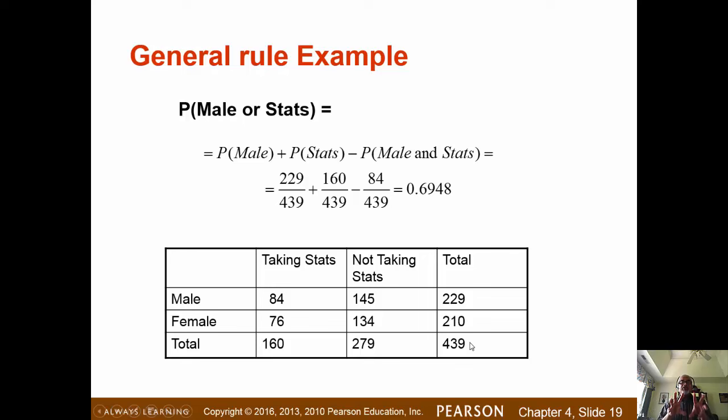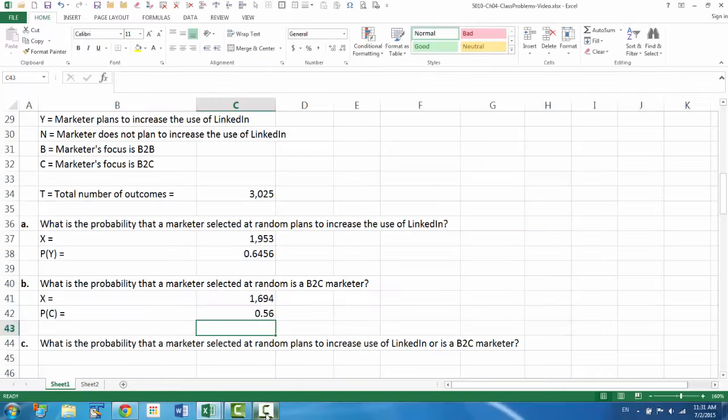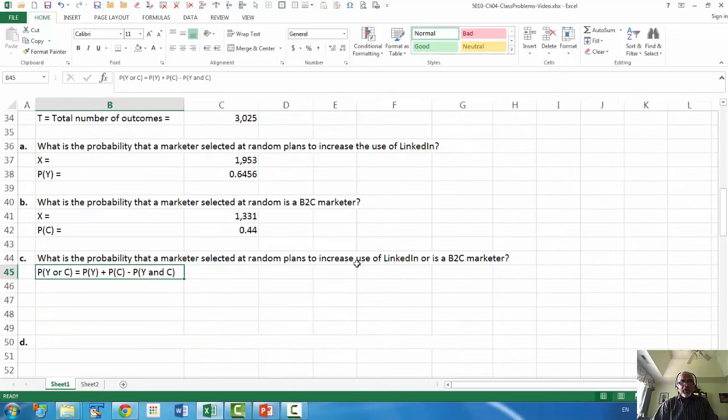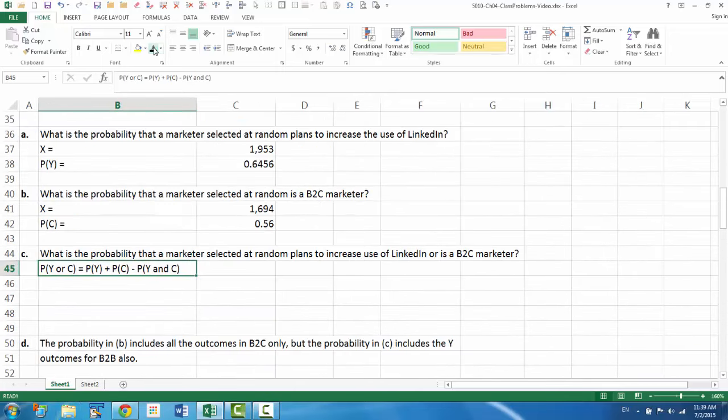This is the rule that we have to apply to answer the last question that we stopped with in Excel. To answer C, we need to use that general rule. Here we want the probability of Y, that is, yes, we are going to increase use of LinkedIn. The probability of Y plus the probability of C double counts the joint probability, so you remove the joint probability once.